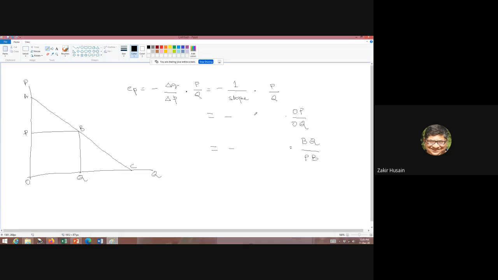What is the first component? Del Q. Let us say the original price was this, and we have come down over here. So, no, this is wrong. What is del Q?